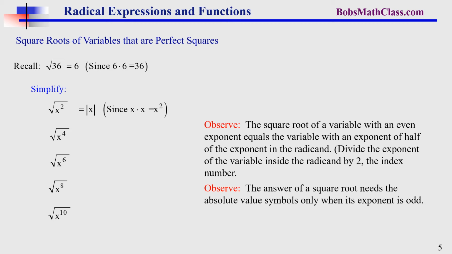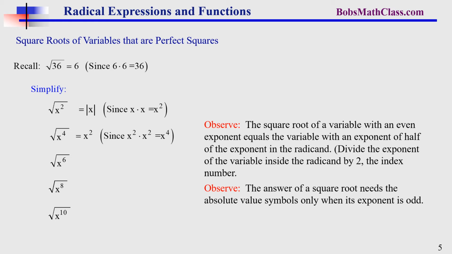Okay, in the future, we won't worry about the absolute value because we're going to assume that the variable is positive. But for right now, there is no instruction that says we could assume it's a positive variable. So we need to put an absolute value around the x. That makes it positive.